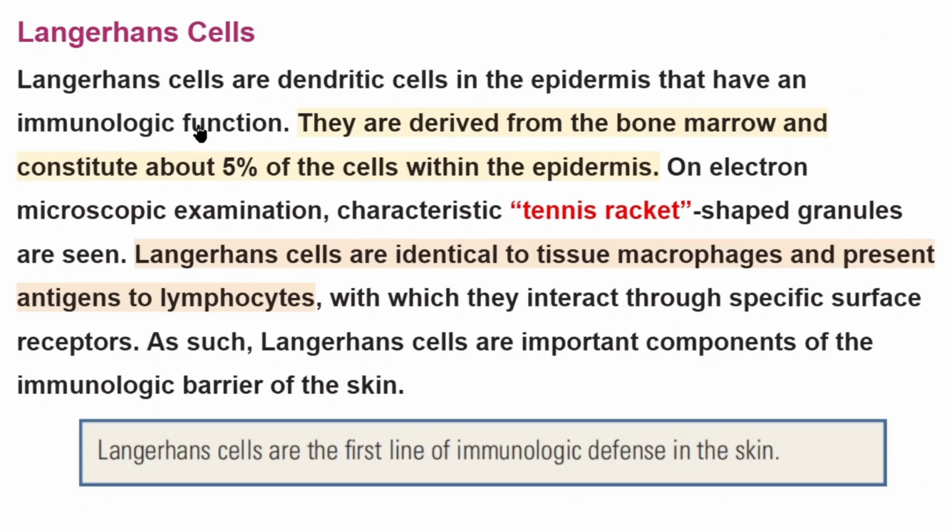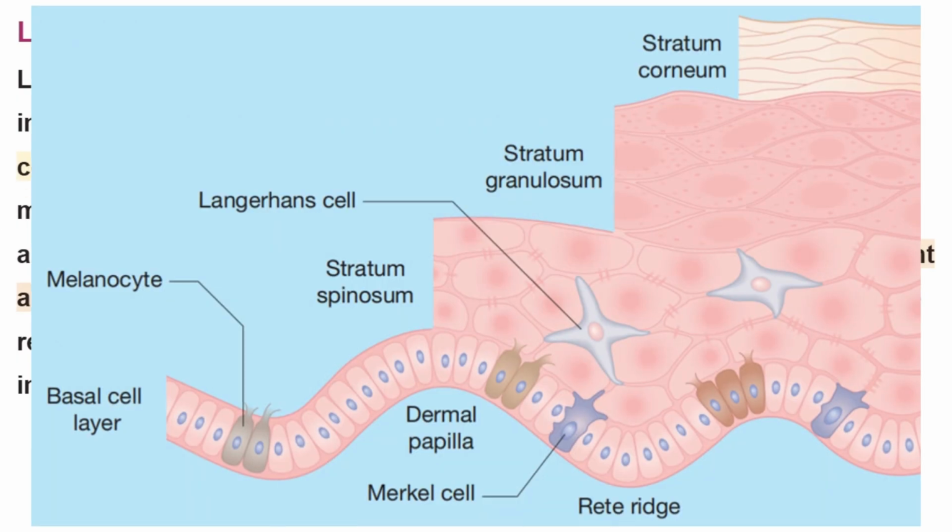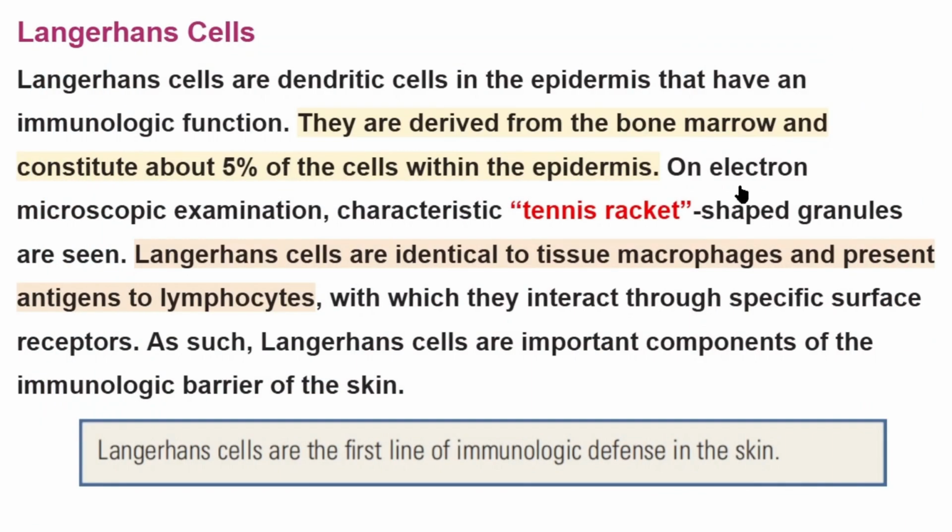Langerhans cells. Langerhans cells are dendritic cells in the epidermis that have an immunologic function. They are derived from the bone marrow and constitute about 5% of the cells within the epidermis. On electron microscopic examination, characteristic tennis racket-shaped granules are seen.